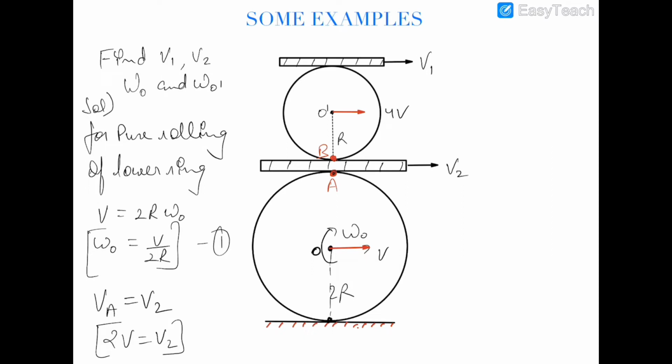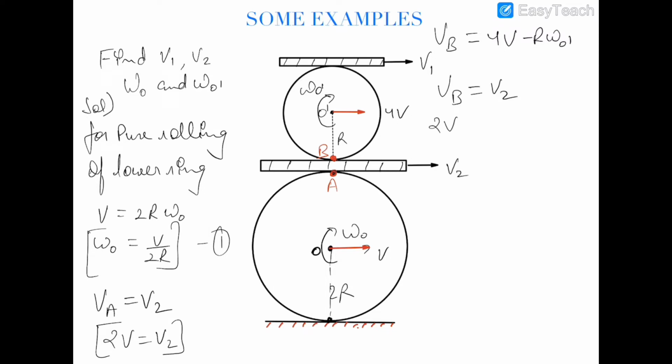Therefore we can say that if the angular velocity of this smaller ring is omega O dash, then the relation for the velocity of point B would be Vb should be equal to 4V minus R omega O dash, and this B point is also lying on this plank which is moving with velocity V2. Therefore this Vb is also equal to V2. Now we have already discussed that V2 is equal to 2V.